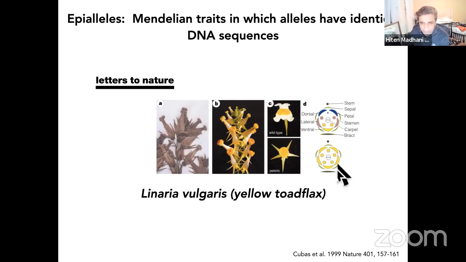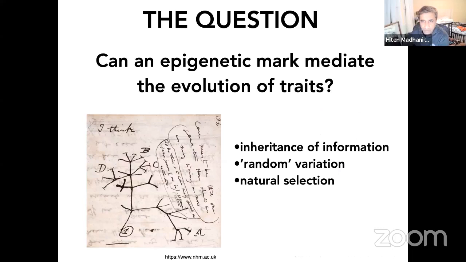In other words, over several generations, often the epiallele is lost and the phenotype reverts back to wild type. So this raises the general question of whether an epigenetic mark can mediate the evolution of traits. For this to happen, of course, you have to have inheritance of information, random variation in that information, and then natural Darwinian selection to select out the winners in the evolutionary game.